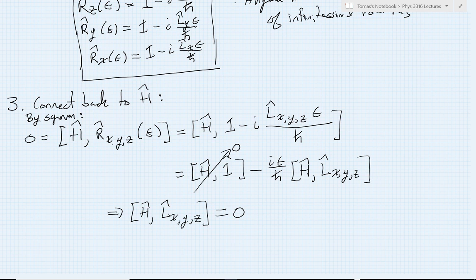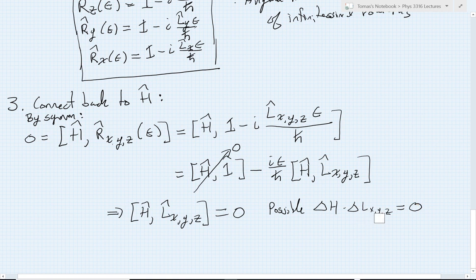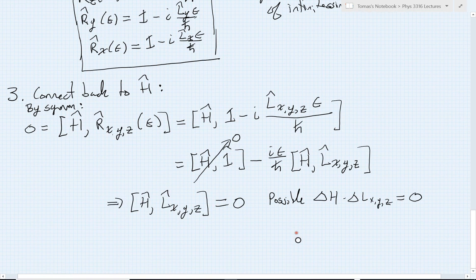Some of these implications are, for example, that it's possible, not guaranteed, but possible, that we can find a state where the uncertainty in the Hamiltonian times the uncertainty in any of these angular momentum components could be zero. The Heisenberg uncertainty principle says that this has to be greater than or equal to zero, but it's possible that those are zero, so that pure states of angular momentum might also be pure states of H. So maybe pure energy states.